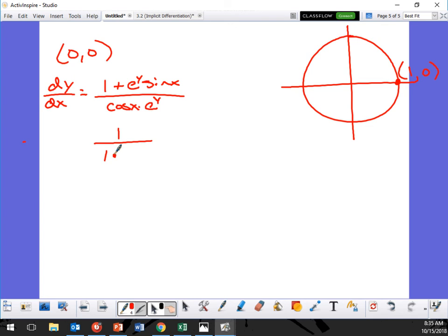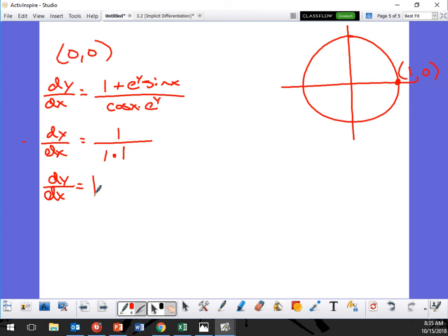The y value is 0, isn't it? So plugging in y is 0, e to the 0 is 1. Anything to the 0 power is always going to be 1. So it's going to be 1 times 1. So dy dx is equal to just 1, right? So my slope is going to be 1.